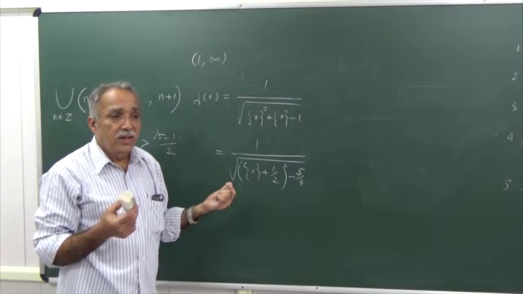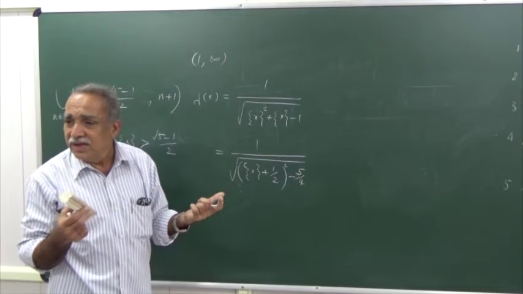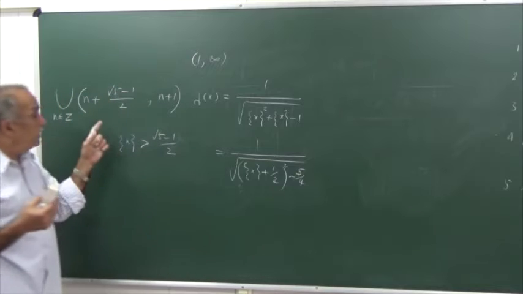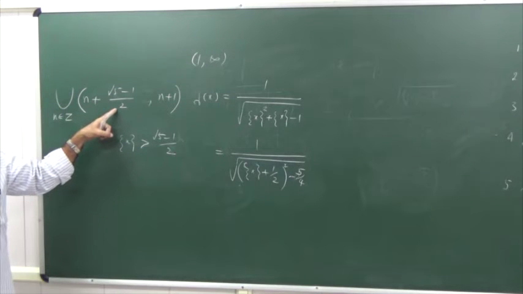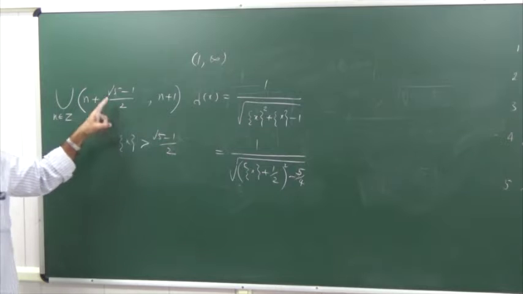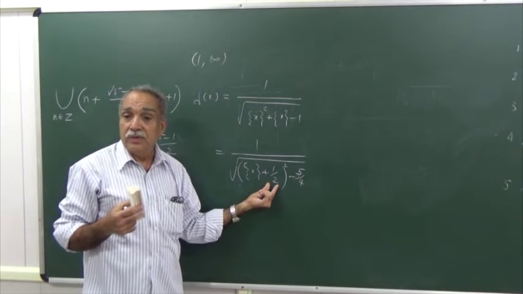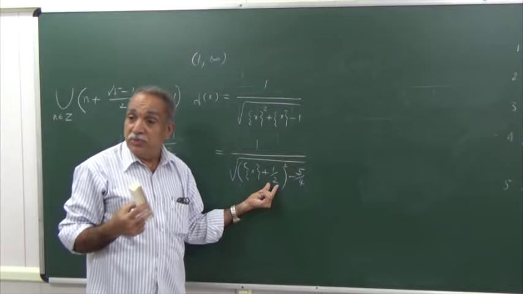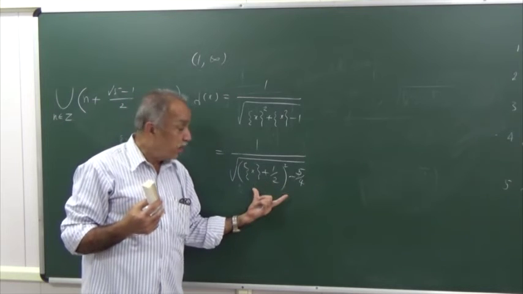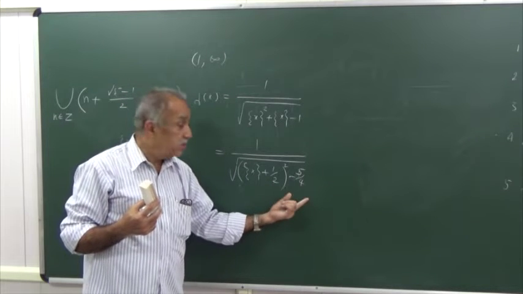Say, yes. Half may not be enough, I think. Our number starts with a number greater than 3 by 4. Okay. 3 by 4 plus 1 by 2. 3 by 4 plus 2 by 4. Square. Minus 5 by 4.